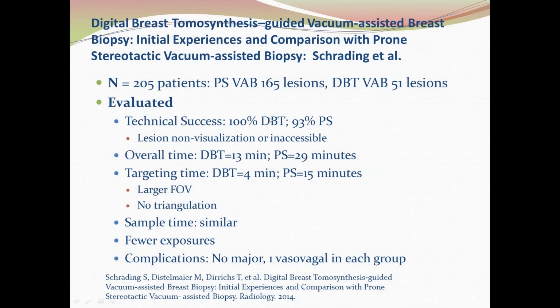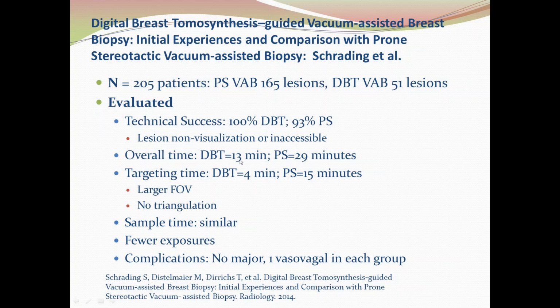And in fact, they were more successful with the tomosynthesis-directed biopsy than the prone biopsy, mostly because the lesion may not have been visible by prone biopsy, or it was inaccessible by prone biopsy. Those hurdles were overcome using the tomosynthesis-directed biopsy.